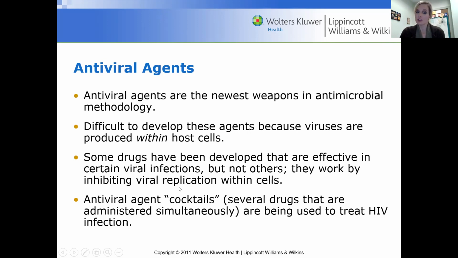And antiviral cocktails, just like we talked about with the antibacterials, the multidrug therapy, where several different drugs are administered simultaneously, are being used to treat HIV. So again, antivirals are pretty new. We know that they are targeting viruses specifically.